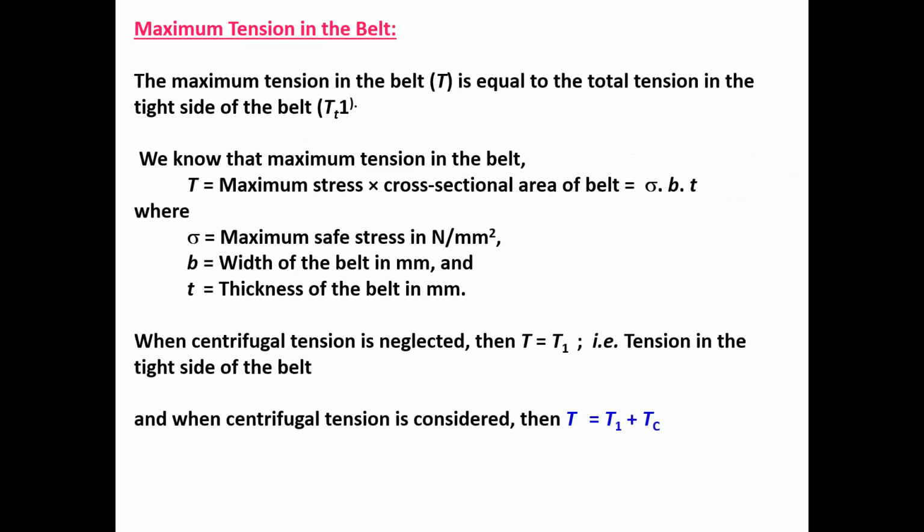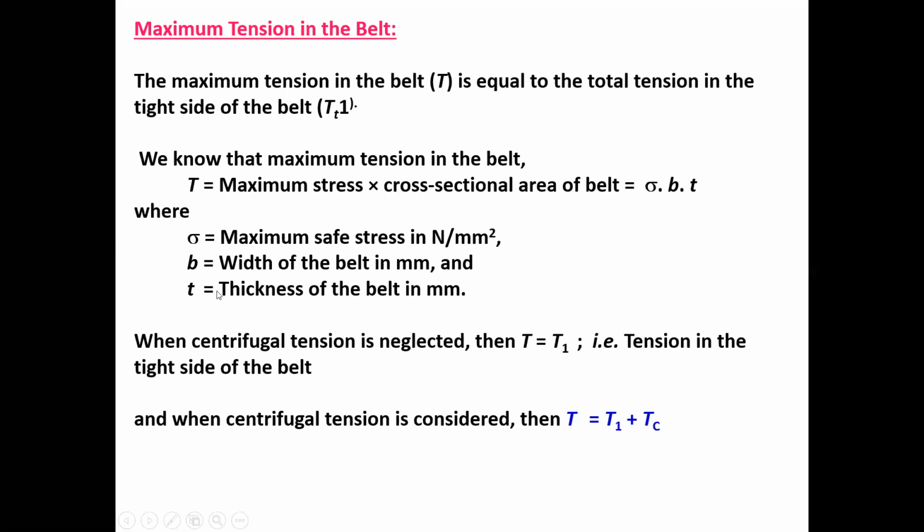The maximum tension in the belt is equal to the total tension on the tight side of the belt. So we know that maximum tension in the belt T equals maximum stress into cross-sectional area of the belt, that is sigma into b t.